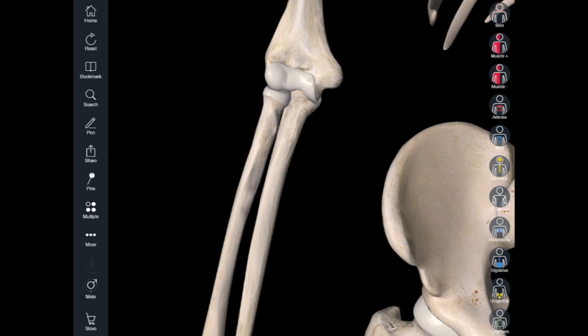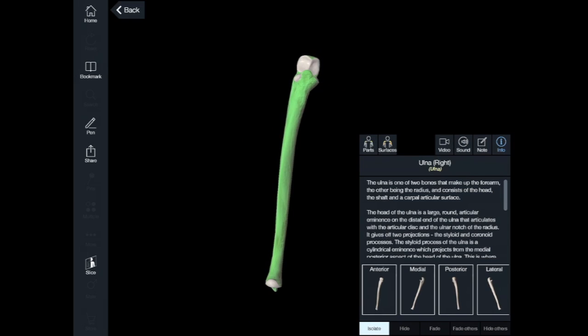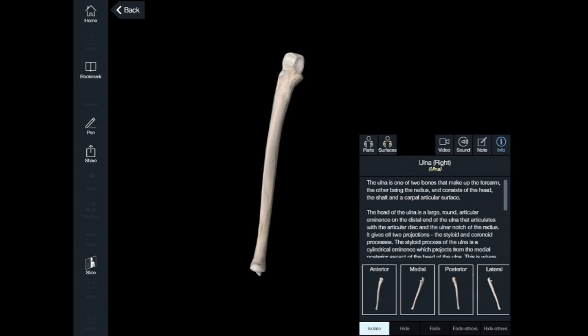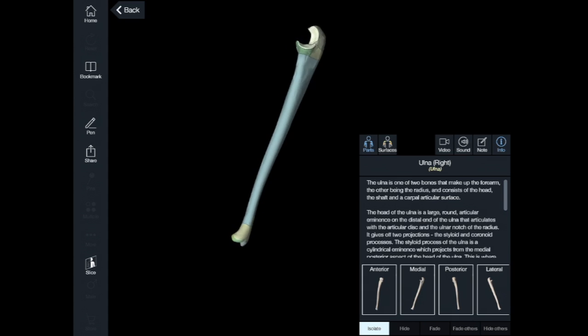Okay. So now let's go back to the isolated view of the ulna. And that is about its shaft. And now moving to the distal end or the lower end, we don't have anything so important apart from a small rounded head, which is this over here, and on the medial aspect of the distal end of the ulna, we've got a small styloid process.